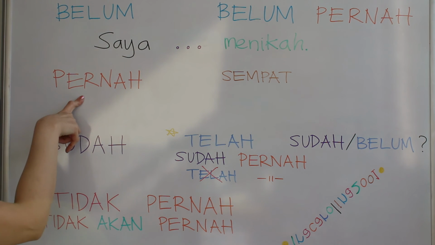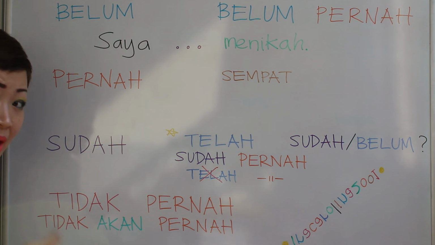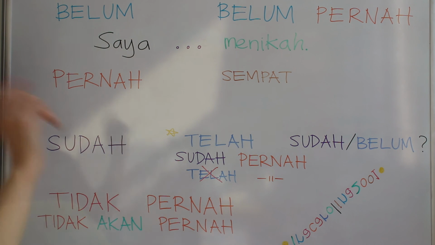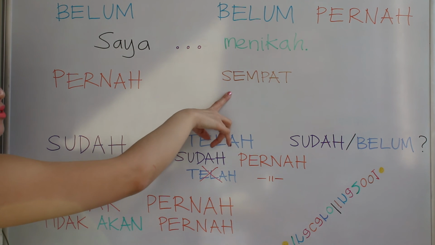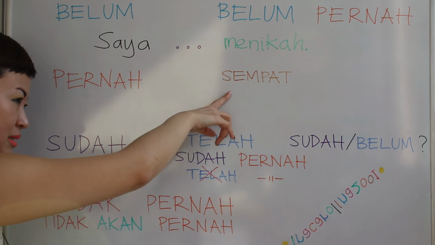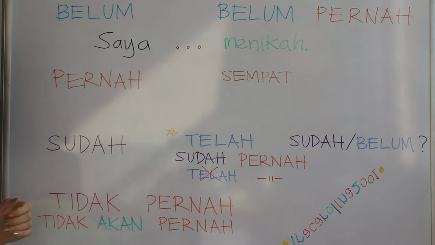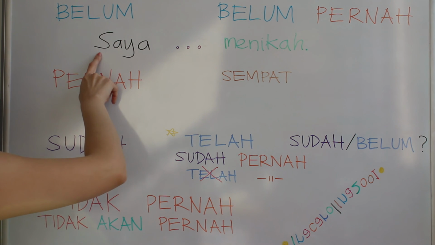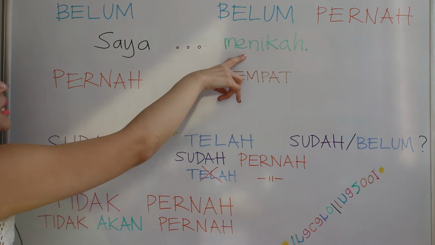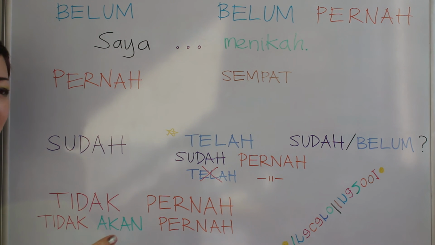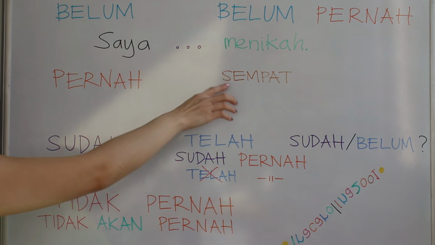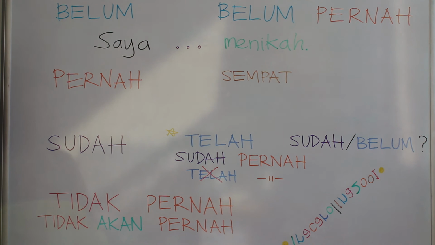Pernah means I married long ago or before. But if you say it with sempat, it means for a short time. Saya sempat menikah. I was married once for a short time.